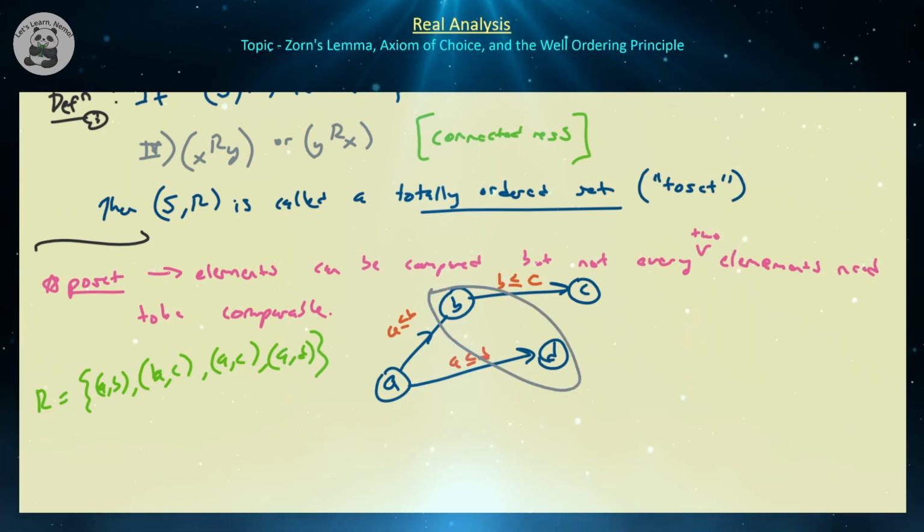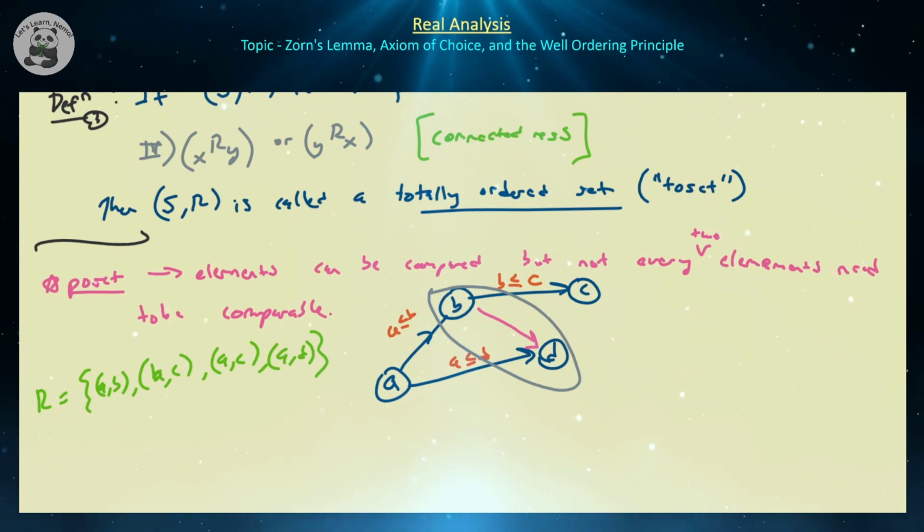Are they related to each other? Well, there's no arrow connecting these two, so (B, D) and (D, B) are not necessarily in this relation. Now, fun little discussions can be made when you start connecting these. For example, let's suppose I create that little arrow between B and D. Is this a partially ordered set? Well, the answer to that would be no, right?